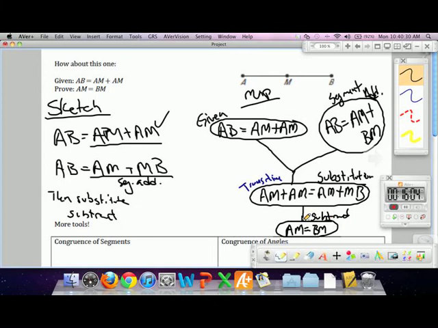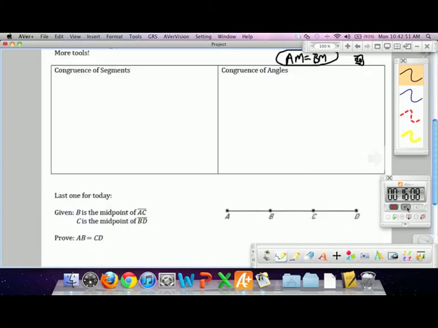We're going to jot down two quick ideas here. This is remembering some definitions that we'll use eventually. Congruence of segments. Two segments.